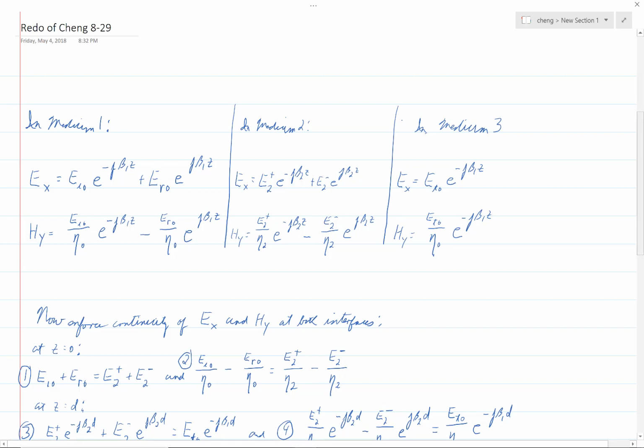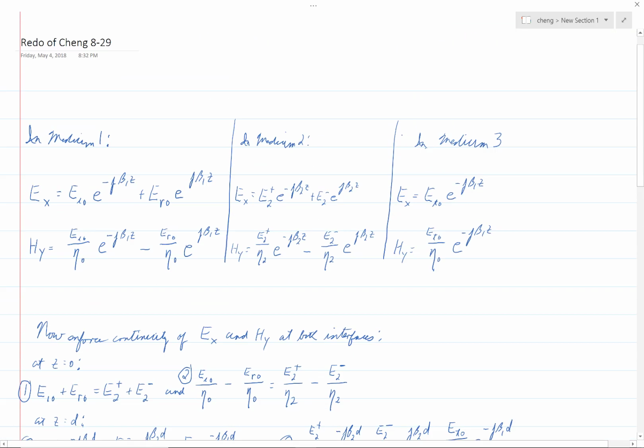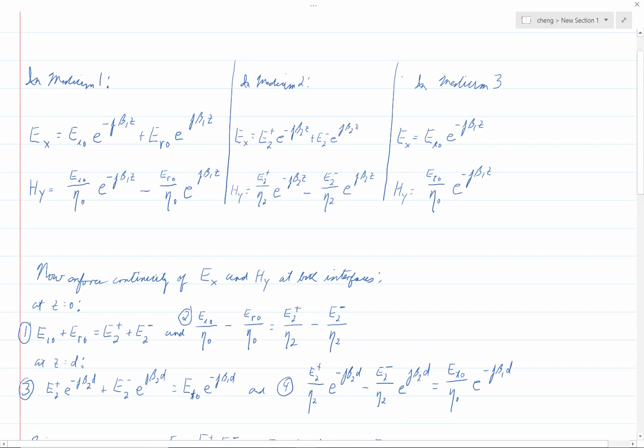So if we now take these expressions that we have, we need to remember that the left boundary is z equals 0, and therefore, since region 2 has a thickness of d, the right boundary will be at z equals d.